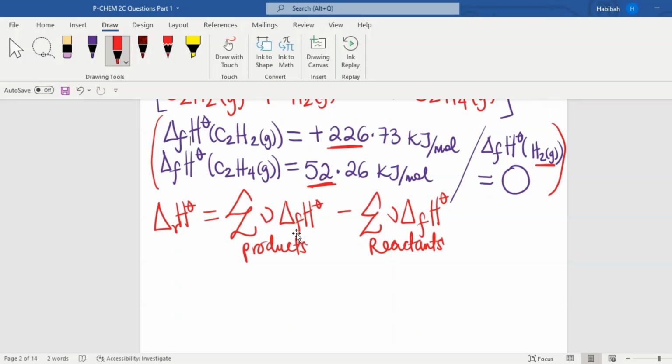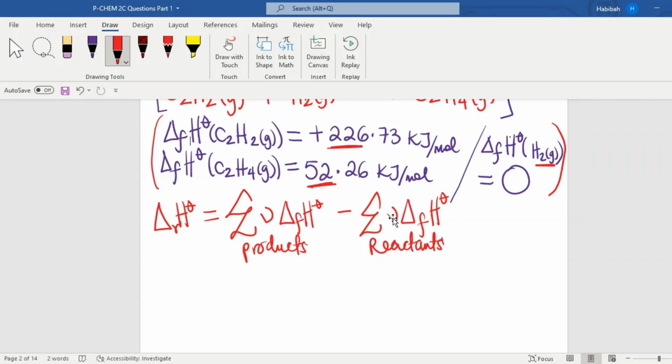The only difference is that the left side of the minus has products, and the right side has reactants. So this is telling you that the change in enthalpy of reaction is equal to the sum of the change in enthalpy of formation of the products, minus the sum of the change in enthalpy of formation of the reactants.